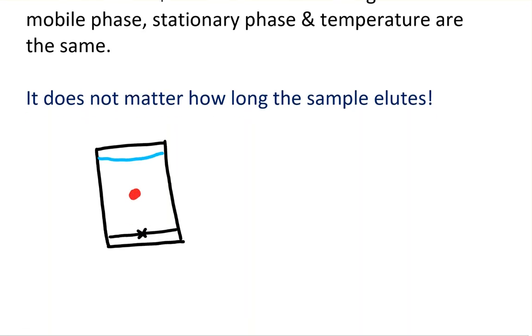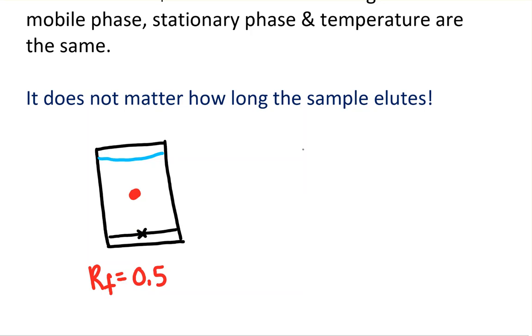If it ends up right in the middle, that means that the spot is going to travel half as far as the solvent. So the RF would be 0.5. Because whatever distance that is, the spot is half as much. So it's 1 over 2, 1/2, and that's what it would be.